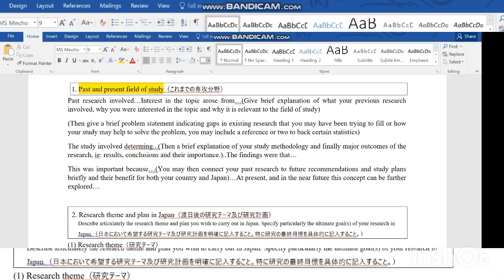So this statement, I've kind of covered it in this first paragraph here, talking about how the interest arose, and when you mention this problem statement, you can quote some striking statistics and give reference to them. It's not mentioned in the instructions, but I thought it necessary, because if I was going to write a study plan, it's like you're writing a mini project proposal.